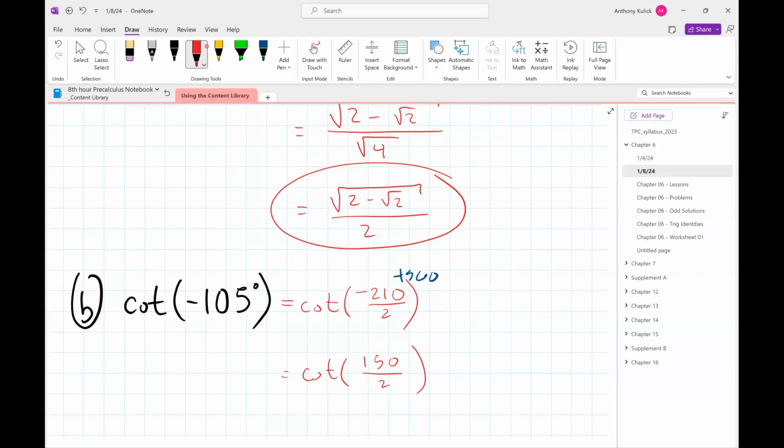So we'll go look at our identities. Which identity do I want to use for cotangent of 150 over 2? What am I going to do with that?